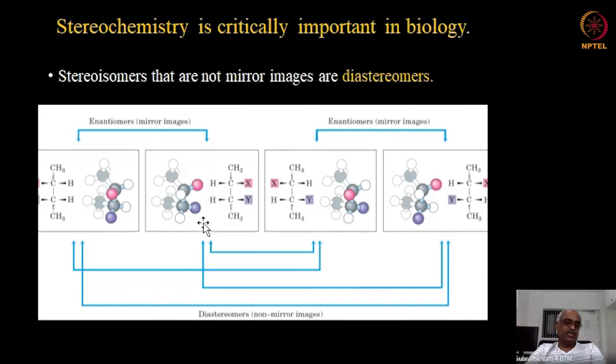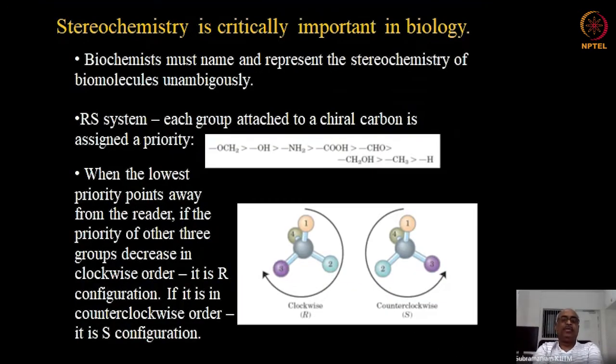Okay, this becomes very important in carbohydrate chemistry because that's where we saw these kinds of arrangements. When you have different groups attached, biochemists use a system called RS to refer to the specific configuration. The way it works is based on priority, and priority is assigned based on the functional groups. For example, hydrogen gets the lowest priority, methyl group next, and so on.